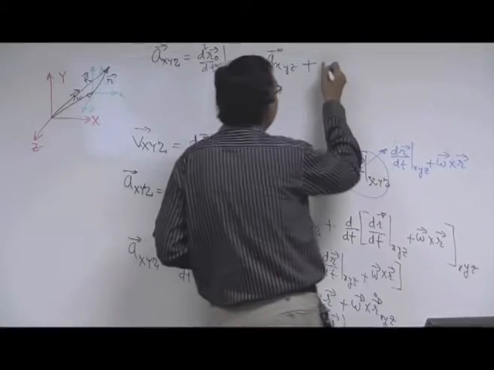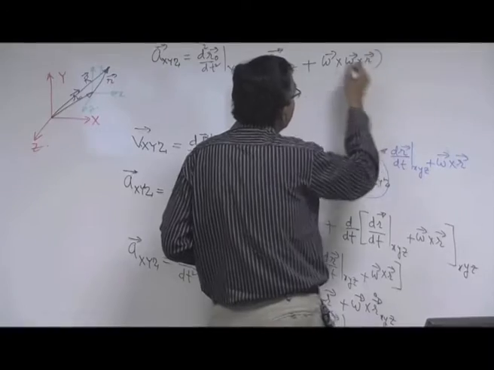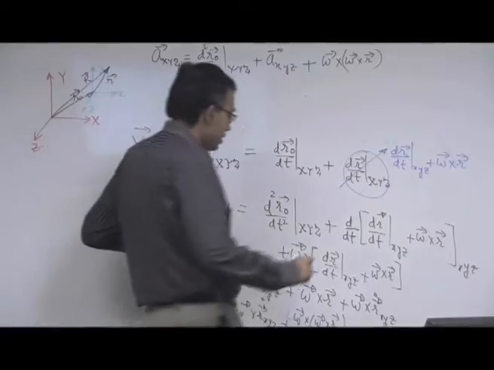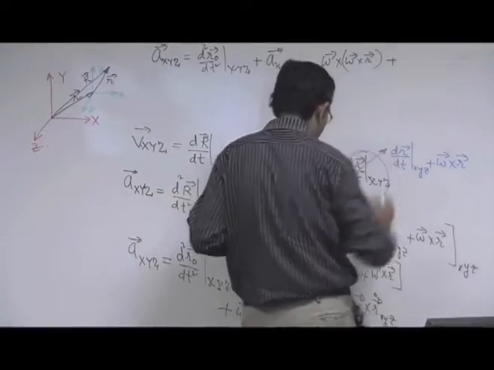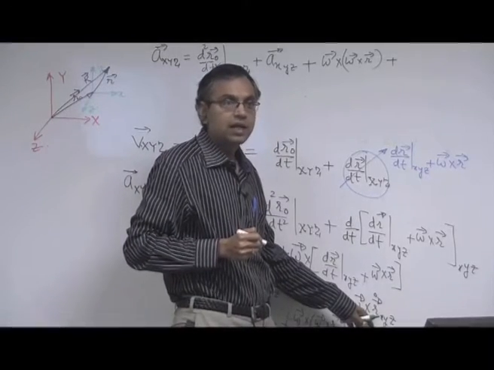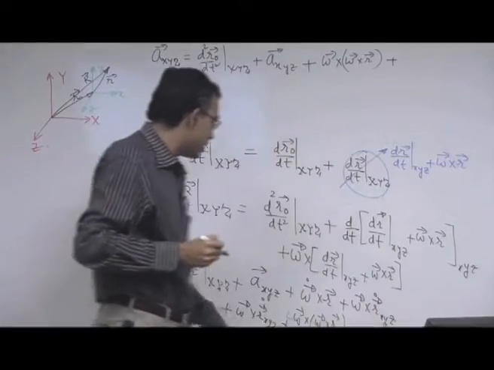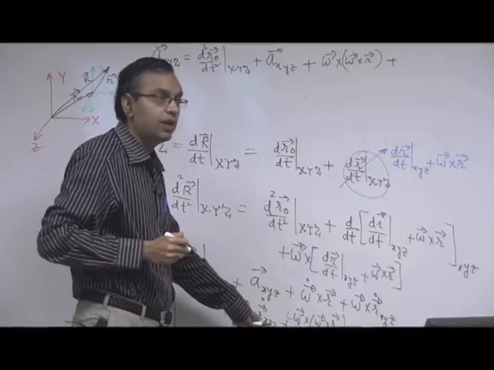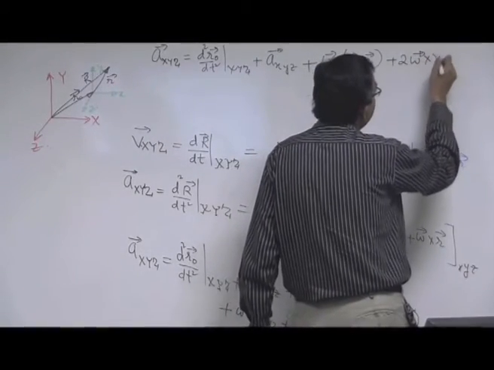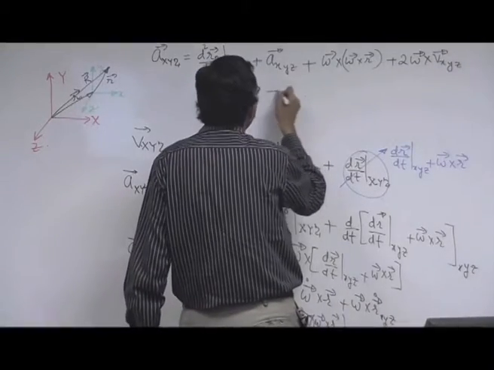Then what is r dot in small xyz? That is the velocity with respect to small xyz. So you have omega cross v in small xyz, another omega cross v in small xyz. So 2 omega cross v in small xyz, plus omega dot cross r.